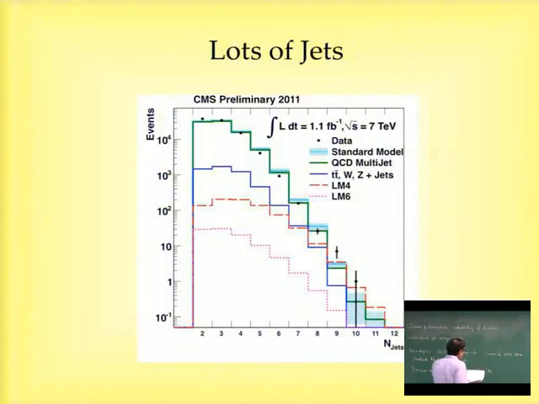And of course that has to be accompanied by precision calculations. So here we're looking, for example, at deviations for the new heavy boson in its decay modes, or in production, and of course for the top quark.